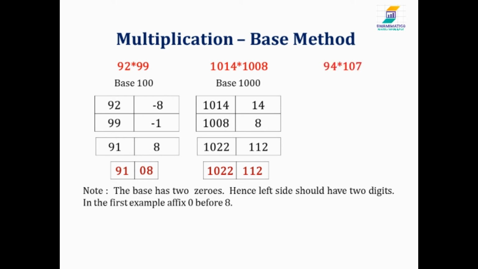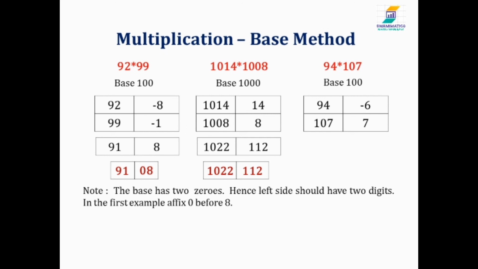Let's take one more example. Here I have a 2-digit number multiplied by a 3-digit number. Since the numbers are close to 100, the base becomes 100 here. Now, as we explained earlier, 94 is 6 less than 100. 107 is 7 more than 100.